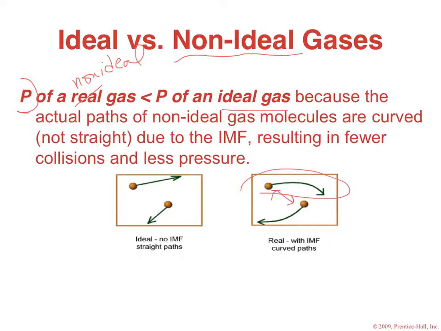So they kind of bend toward each other. Whereas you remember the ideal assumption of kinetic molecular theory is that there are no interactions between the gas particles. Because the gases curve toward each other, that makes the pressure of a non-ideal gas less. It has fewer collisions with the container because it's curved a little bit.